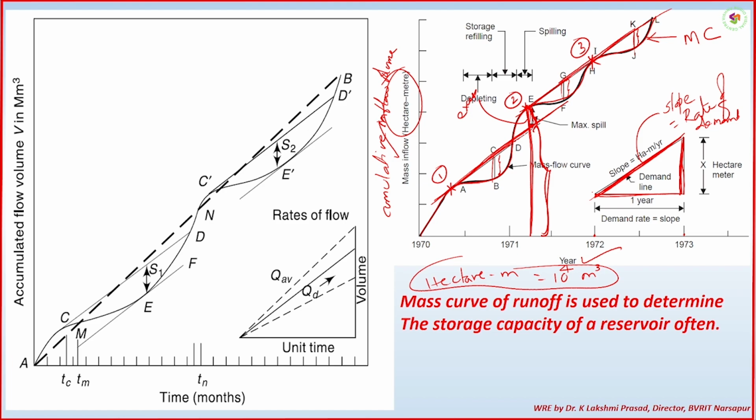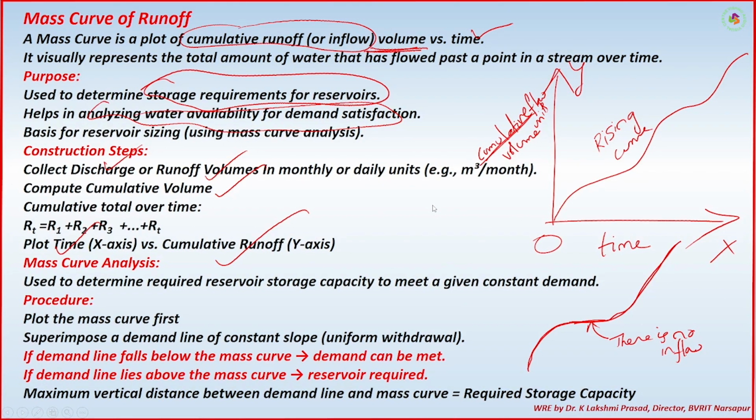If the demand line is below the mass curve, all the demand can be met, no issue at all. If the demand line lies above the mass curve, then a reservoir is required. Reservoir is required means storage is required.